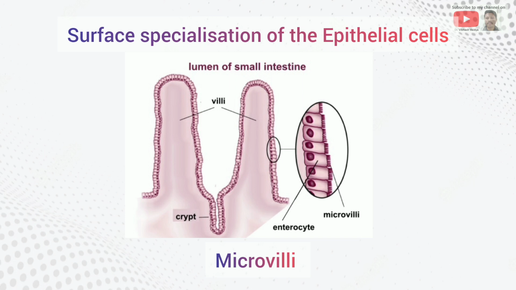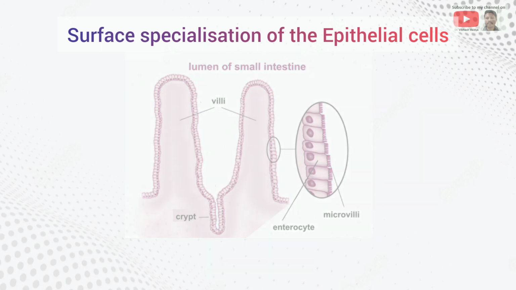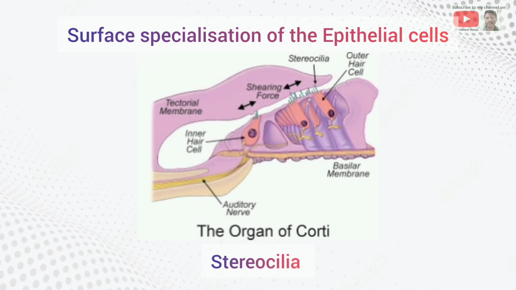The microvilli of the epithelial cells collectively form the brush border or striated border on the surface of the epithelium. So in the 10x view, you can appreciate these microvilli as a brush border or striated border. Then the stereocilia.